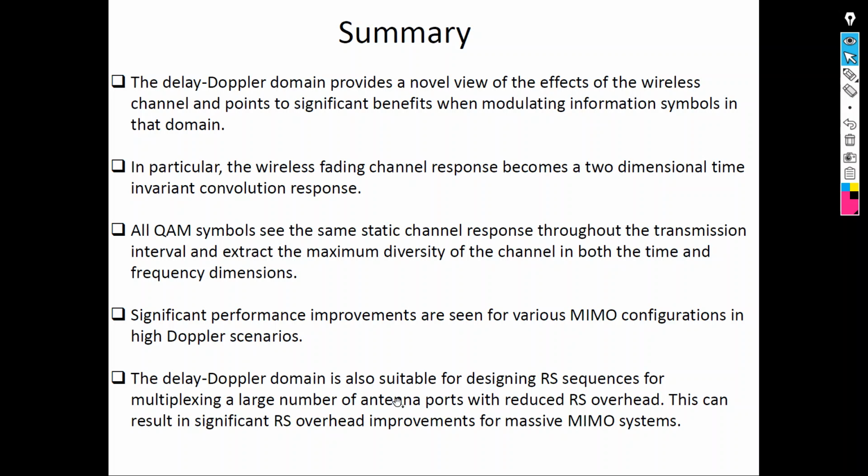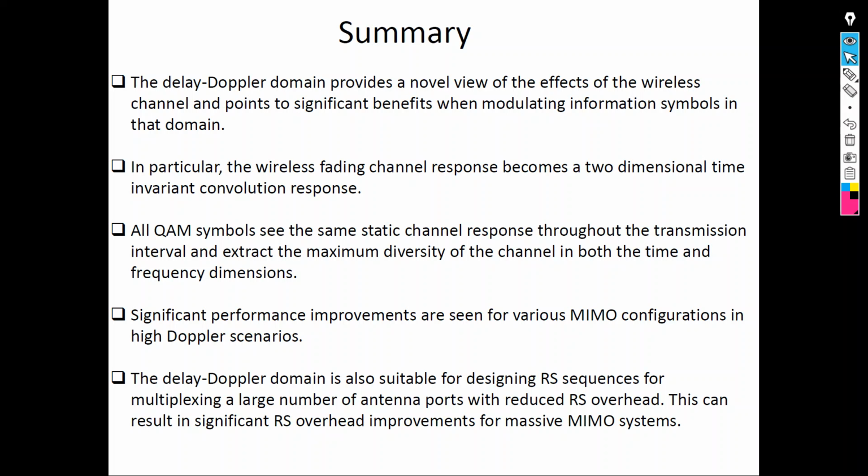The delay-Doppler domain is also suitable for designing RS sequences for multiplexing a large number of antenna ports with reduced RS overhead. RS is the reference signal used to estimate the channel.